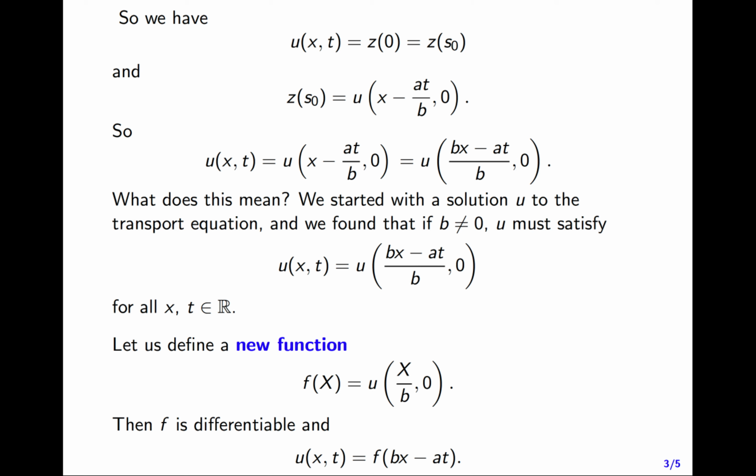And, gloriously, I can write u(x,t) equals f(bx minus at), thanks to the relation for u that I have. What does this mean? u(x,t) really can be written as f(bx minus at) for some function f of a single variable.